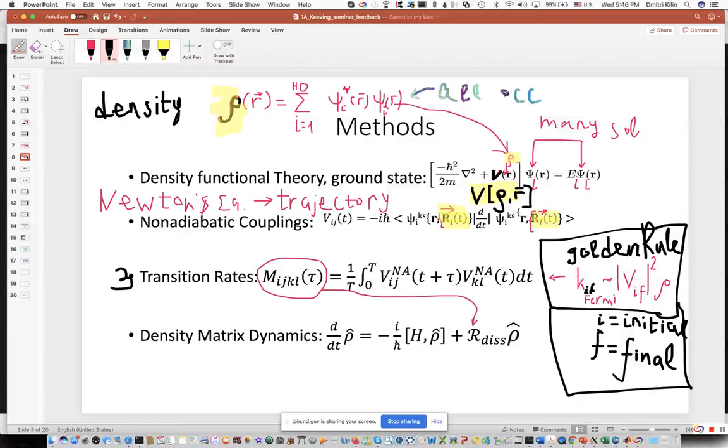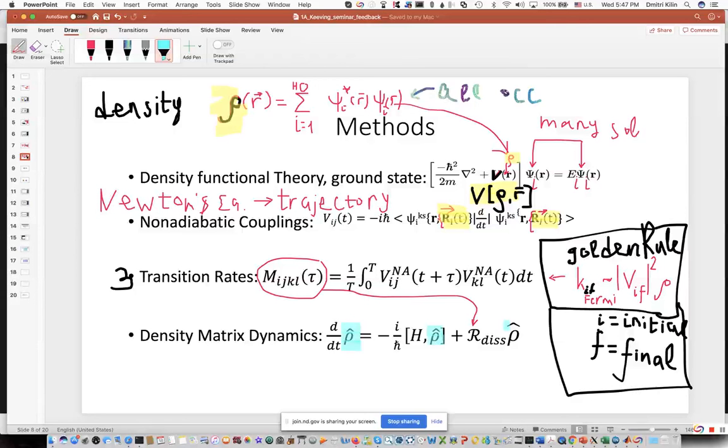I should make a quick note that even though the density for this density matrix and the density for density functional theory are similar, they are in fact quite different. So the differences in my case are minor at this point, but I just wanted to make a quick note of that. Very good, very good.